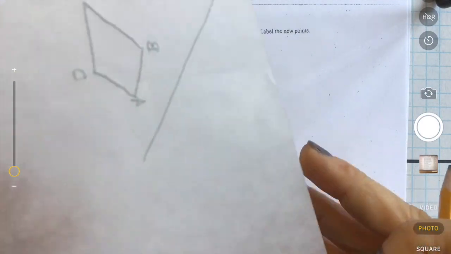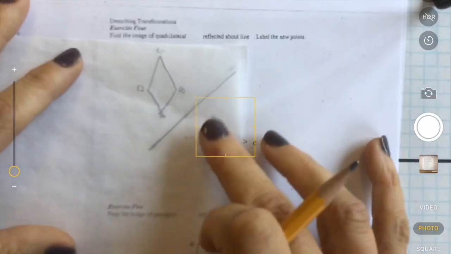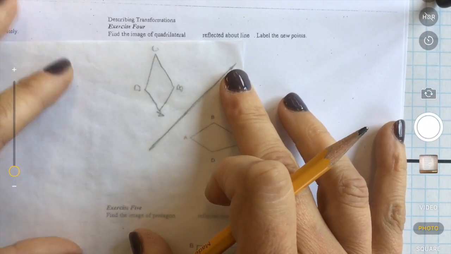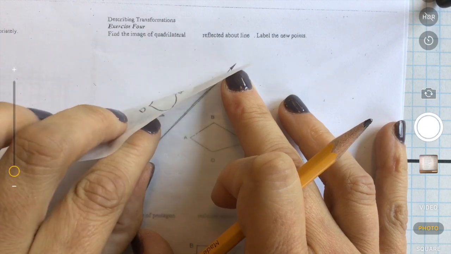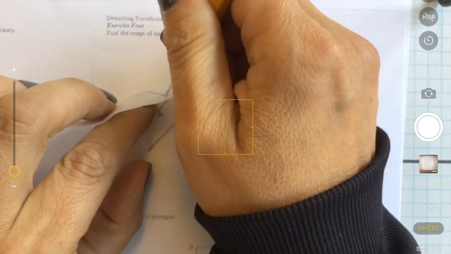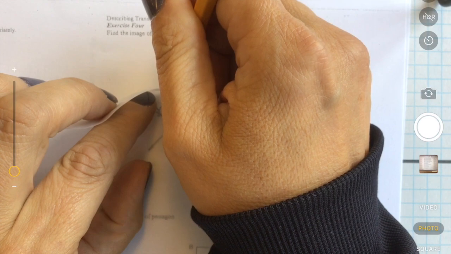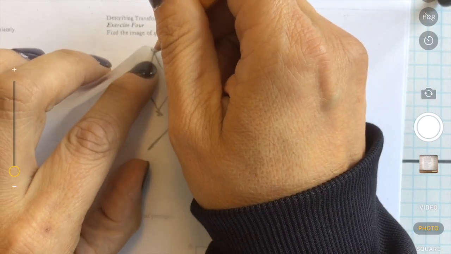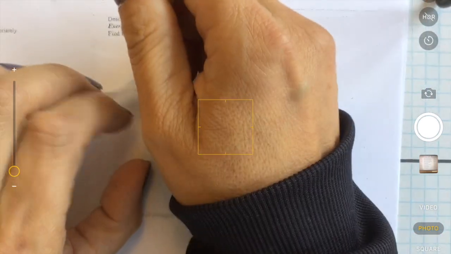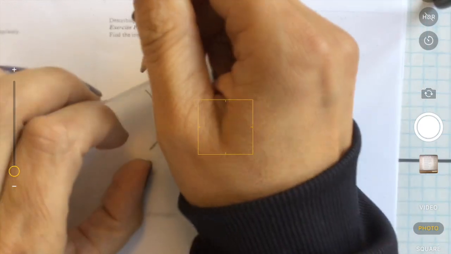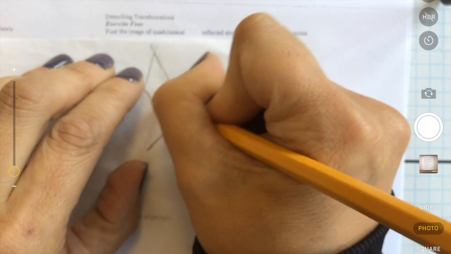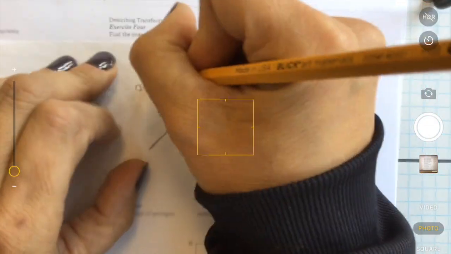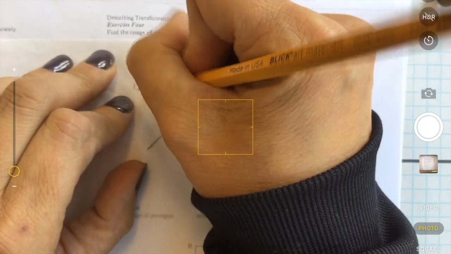So I pick my paper up, flip it over, line it back up with my registration marks, and then I can hold it down with my registration, pick up my edge, and then I'm just going to put a little mark at each corner. Now you can also bear down kind of hard and retrace over it and have an image. Some of you may have done that before where you bear down hard when you're tracing something.